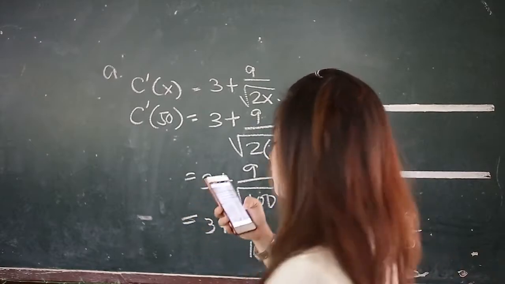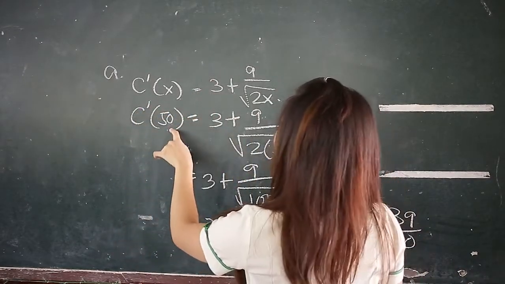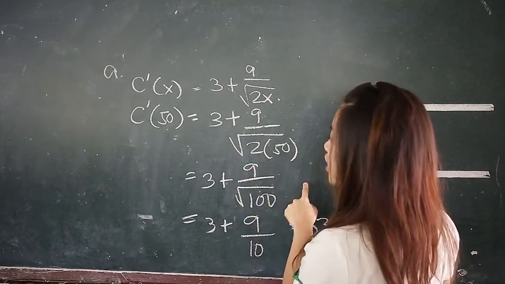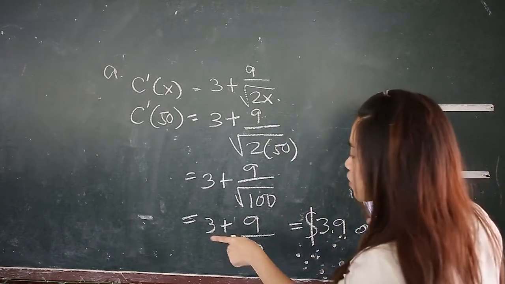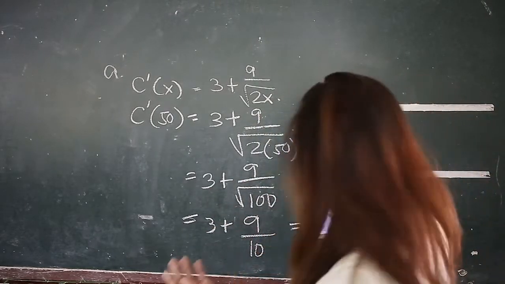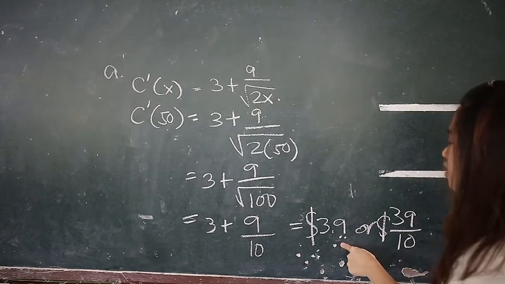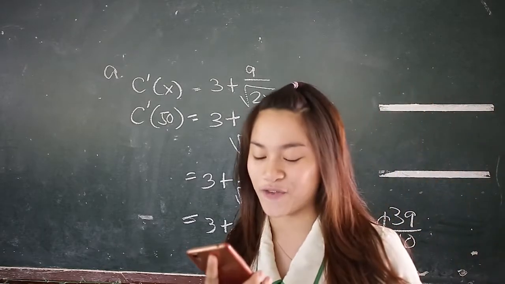So 3 plus 9 over square root of 2 times 50, that becomes 3 plus 9 over square root of 100. The square root of 100 is 10. So 3 plus 9 over 10 is equal to $3.90 or 39 over 10 dollars. That is the answer for our first problem.